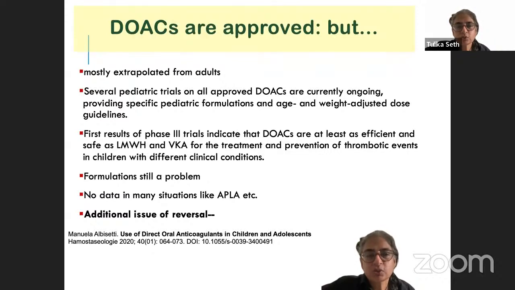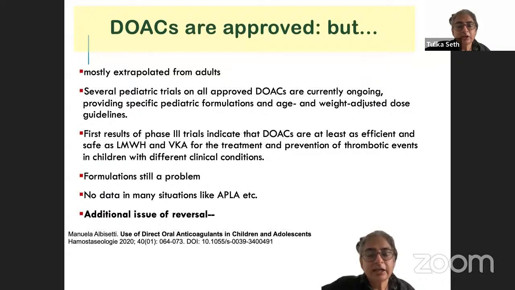With more experience, we've realized that the risk of severe bleeding, that is intracranial hemorrhage, is actually the same with vitamin K antagonists and the direct acting anticoagulants. So there is no safety measure in this. And menorrhagia is actually increased when using the DOACs compared to the vitamin K antagonists.